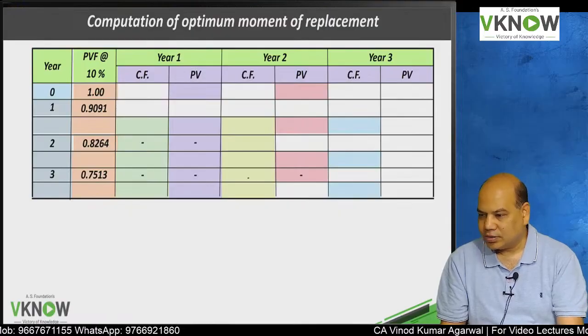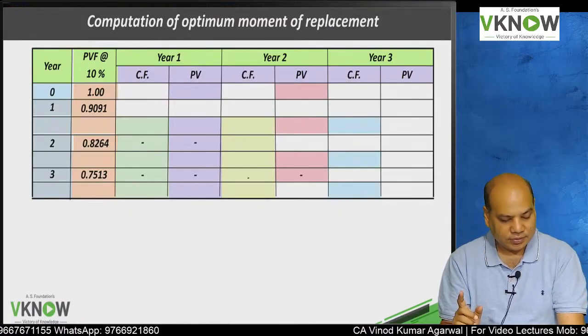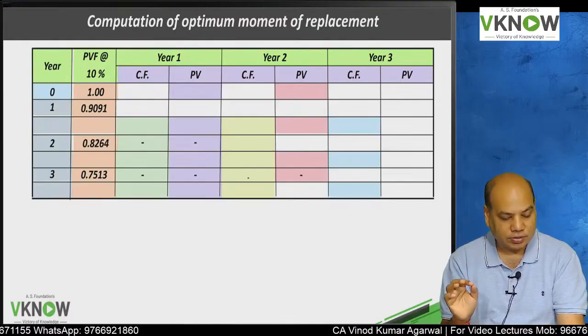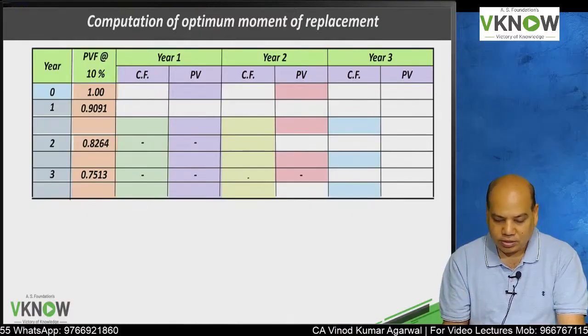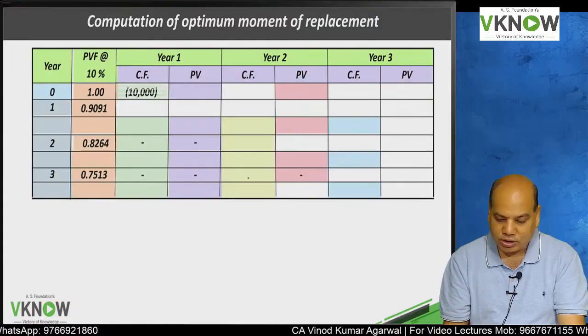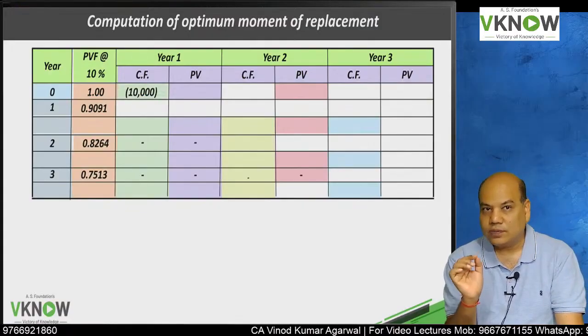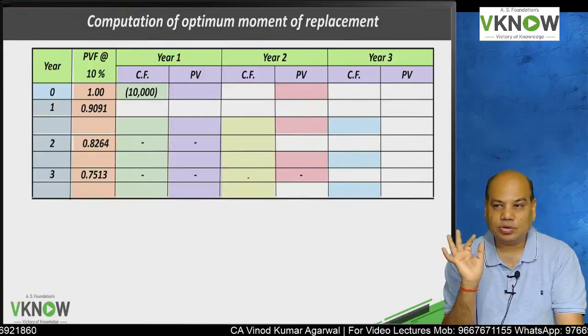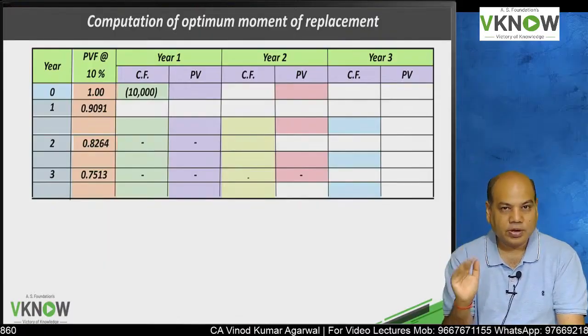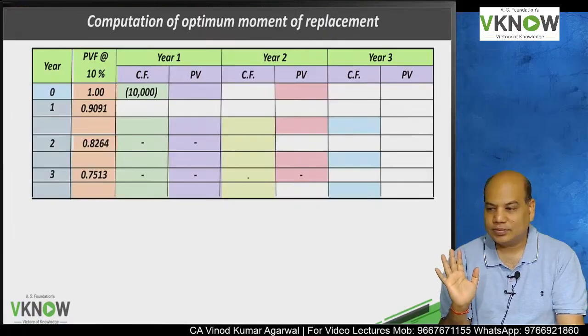PV factor is written. Now understand. Understanding is required in this question. Suppose you purchase a moped, it will cost you 10,000 and you are going to use it only for 1 year and then you are going to sell it.